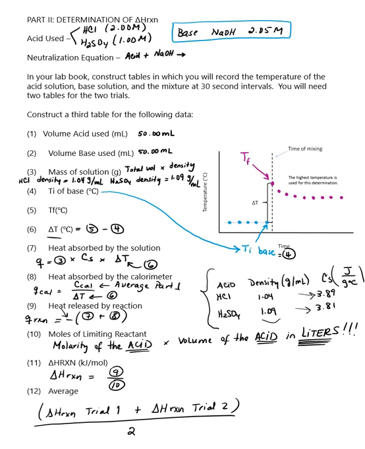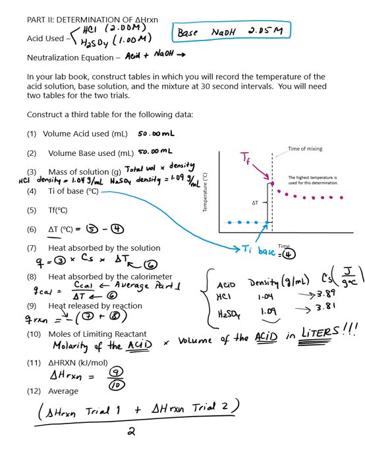So if you're using molarity as a conversion factor to get the number of moles, your volumes have to be in liters, so the unit for volume cancels out. So you were using 50 milliliters of the acid. You cannot do 50 milliliters times the molarity. You have to convert your 50 milliliters to liters times the molarity of the acid. That will give you the number of moles of the limiting reactant.